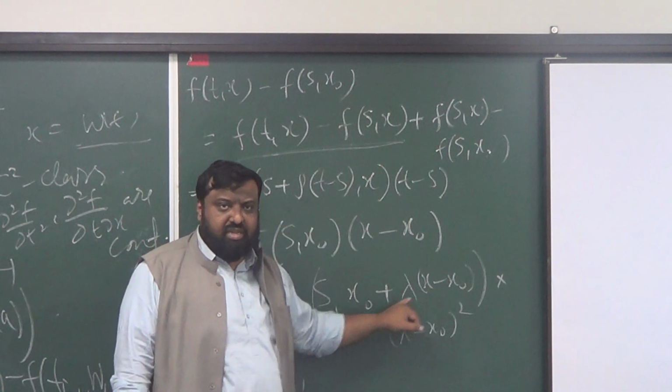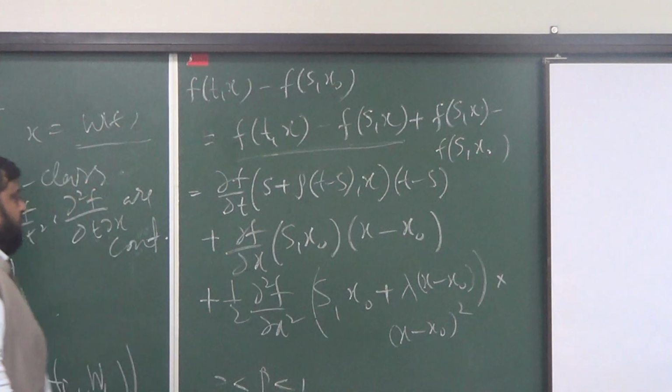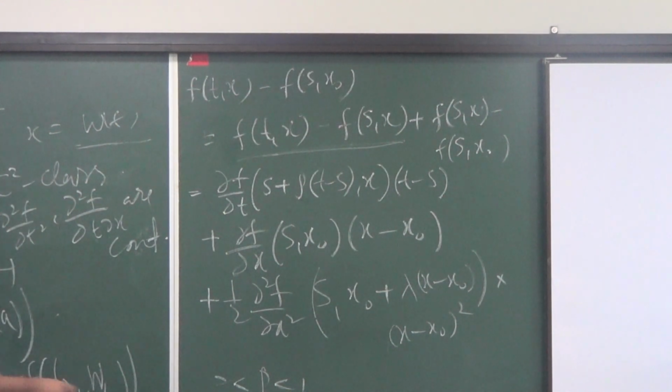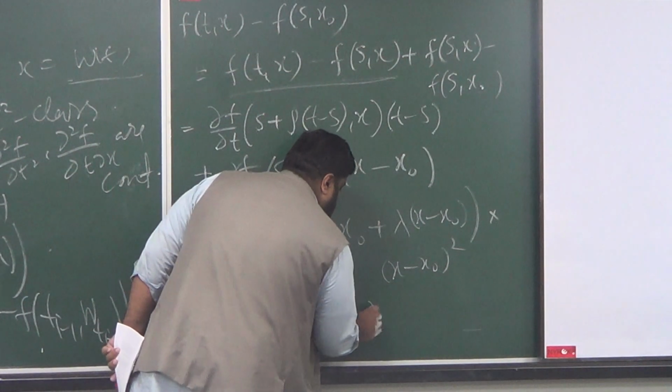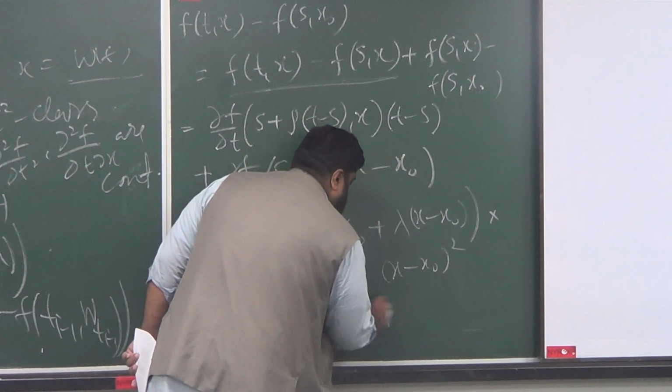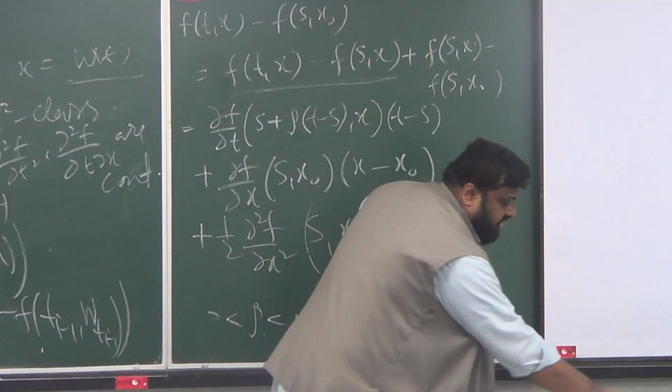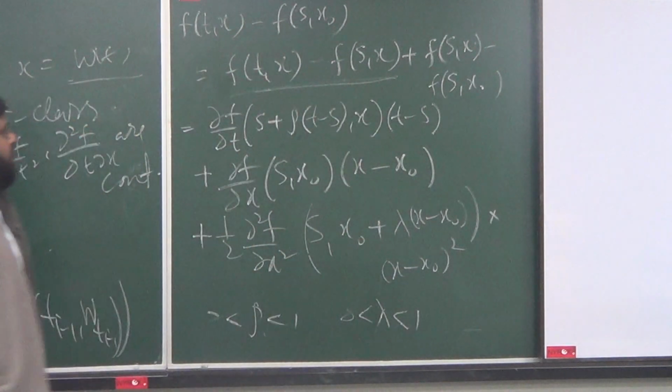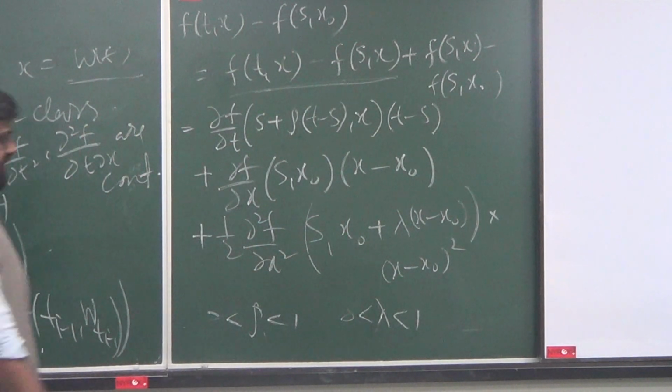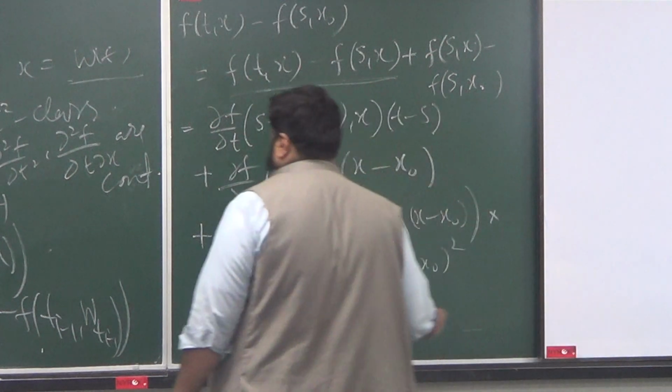So this is like a remainder term, times (x minus x naught) squared, and lambda is also between 0 and 1. The same strategy, just doing it with respect to both variables.